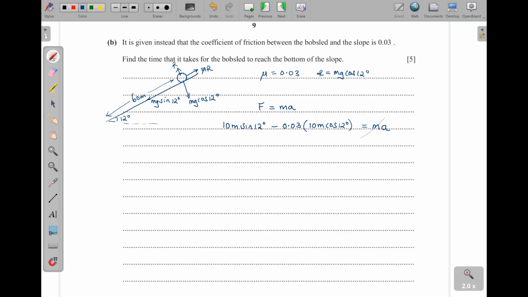You can divide through by m. You can see it can disappear everywhere. So that means we shall have 10 sine of 12 minus 0.03 times 10, that will be 0.3, then cosine of 12, as our acceleration. I can keep it there.